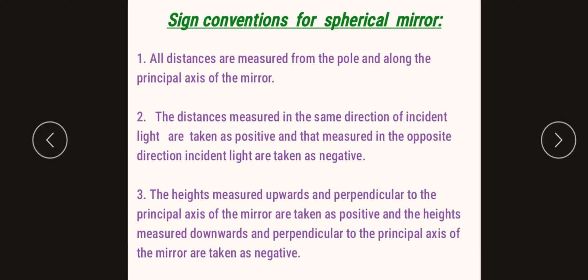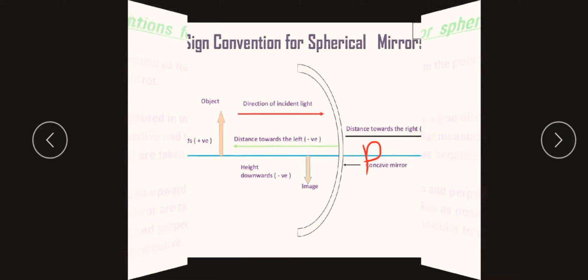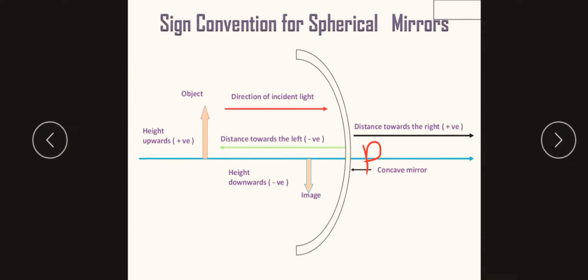Then the second point: the distances measured in the same direction as the incident light are taken positive. Once again, the distances measured in the same direction as the incident light are taken positive. The direction is shown here. This is the incident light, which is from left to right. If the distances are measured along the direction of light, they are taken positive.